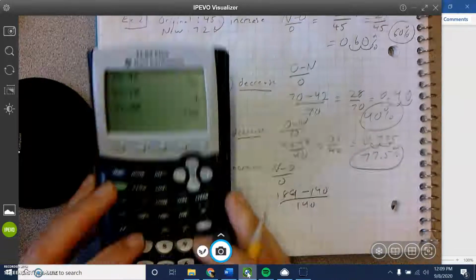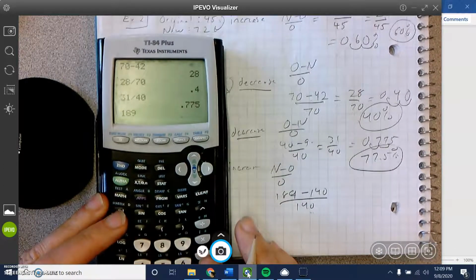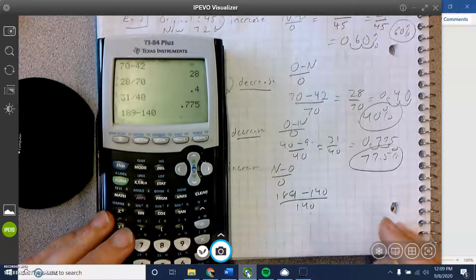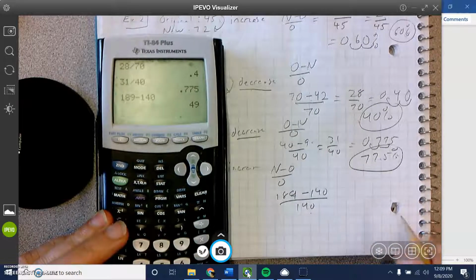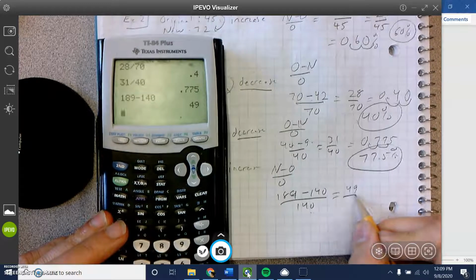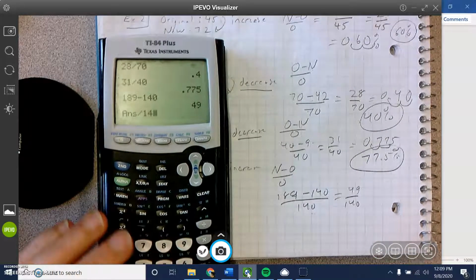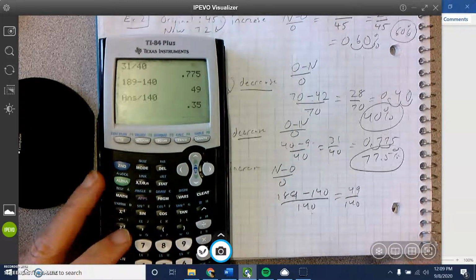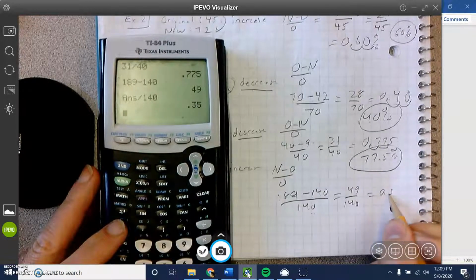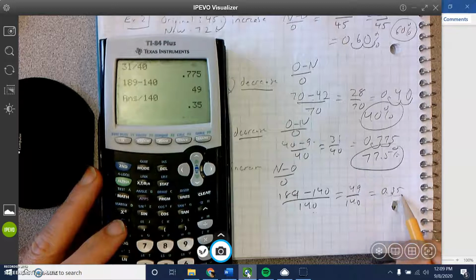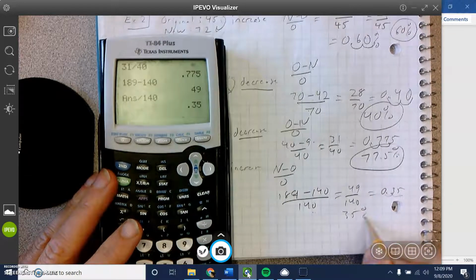So 189 minus 140 is 49. Divided by 140. And I get 0.35, which is 35%.